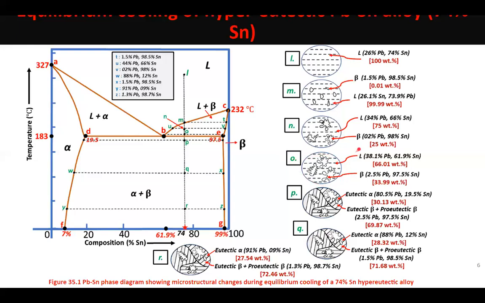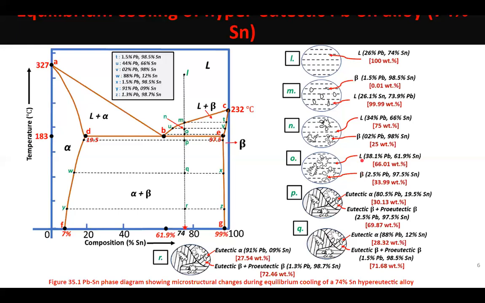You can see that the amount of solid phase, which corresponding to point N was 25%, has further increased now to 33.99%. But mind it, if somebody asks you what is the maximum amount of pro-eutectic beta or primary beta that can be seen in an alloy of 74% tin, the answer is this only, because just after this, formation of pro-eutectic beta would stop.